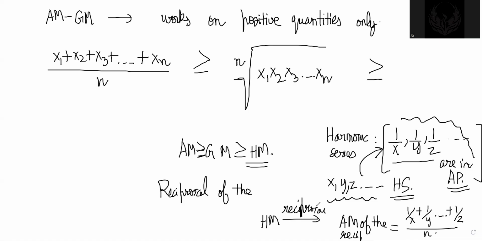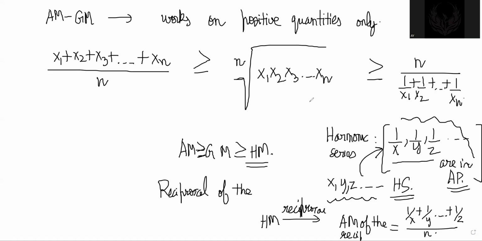So the expression for harmonic mean would be n by 1 by x1 plus 1 by x2 till 1 by xn. Do you understand what I'm saying? Just like in a normal arithmetic sequence, we take the mean by doing sum by total number of terms.